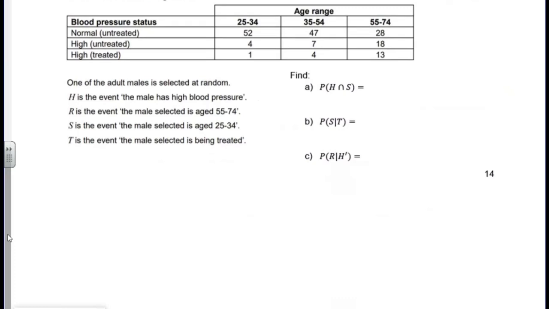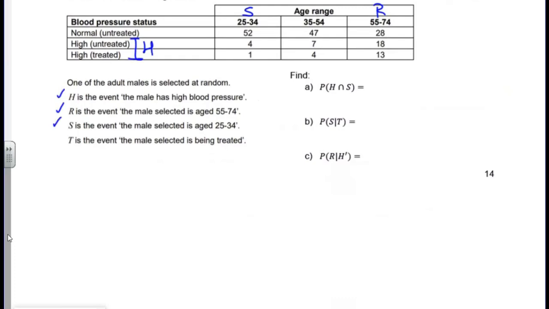So let's have a look then. So H for high is that. Treated or untreated, we don't know. R is 55 to 74. So R is anything down that bit. S is 25 to 34.